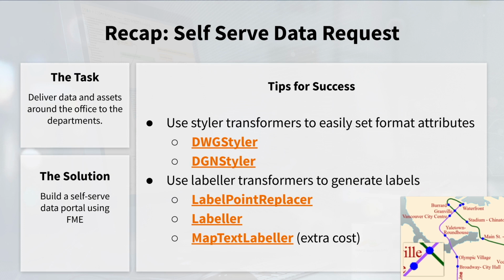The other options were to use the external PRJ or internal native. Some of the transformers highlighted here are the DWG and DGN stylers. So it's not just AutoCAD, we also support MicroStation files. And some other kinds of tools that are useful are the Labeler or LabelPointReplacer and the MapTextLabeler.